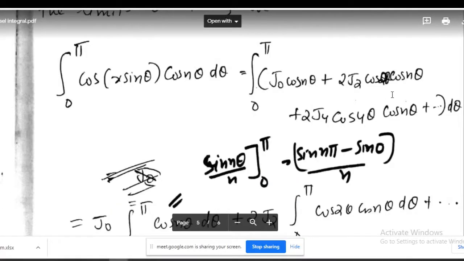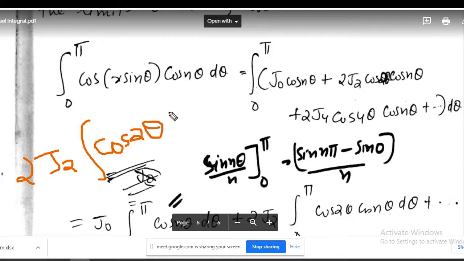Then 2J2 cos 2 theta cos n theta, then you have to integrate. So you have 2J2 integral cos 2 theta cos n theta d theta.